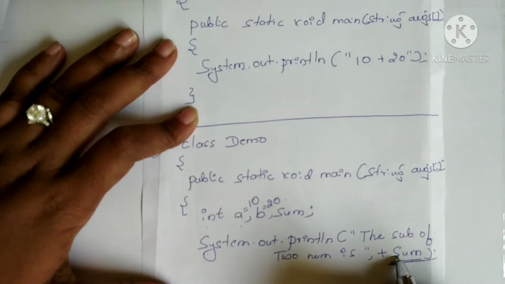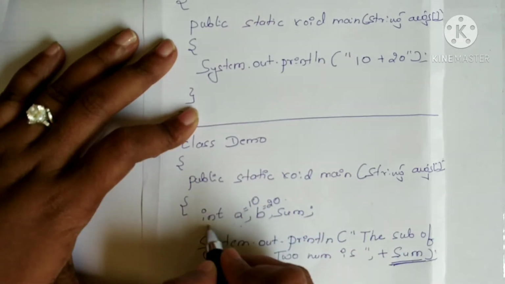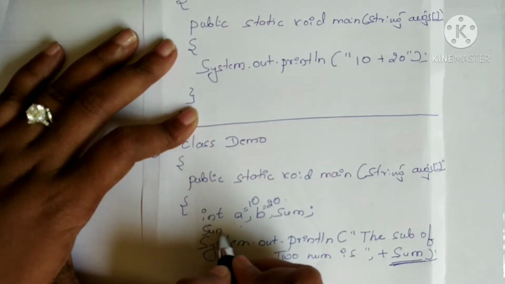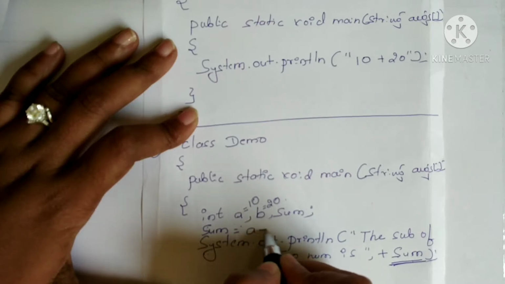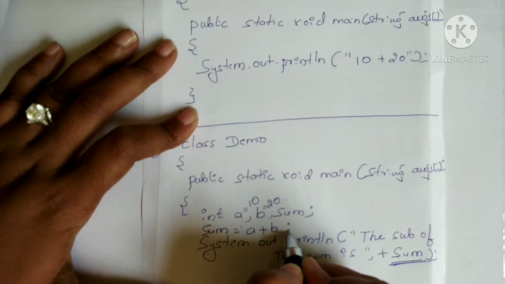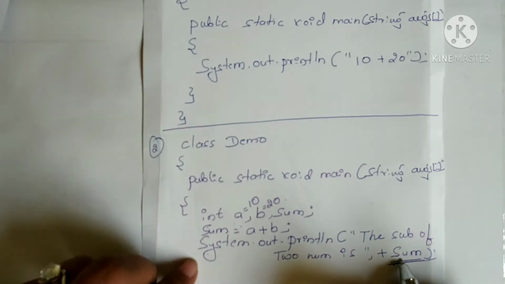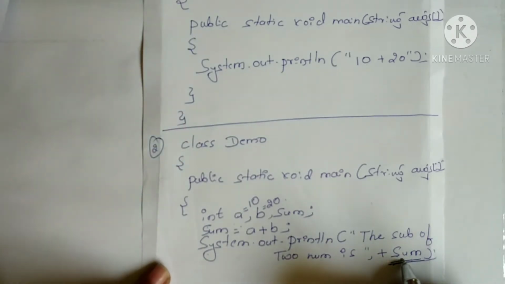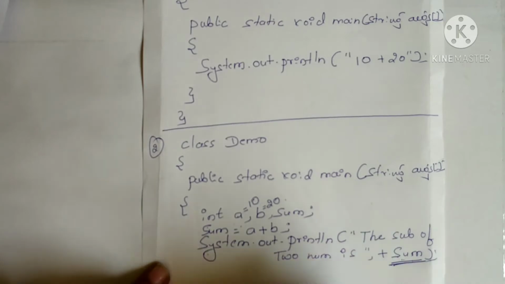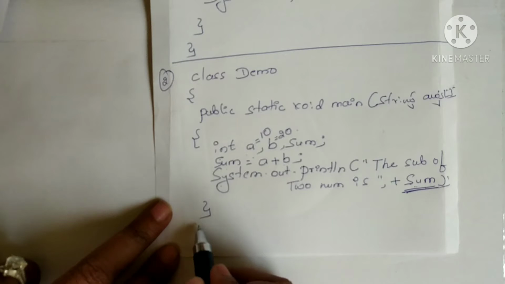That is, sum equal to a plus b. Here this sum is the sum of two numbers. Then we are going to close the main method. Again we are going to close the class.